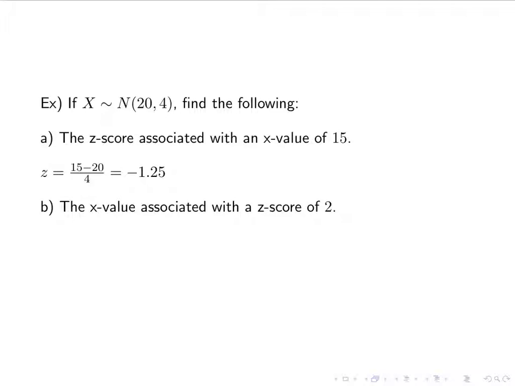So if I have that z equals x minus mu over sigma, I can solve that equation for x, and x equals sigma z plus mu. So I'd multiply both sides by sigma and then add the mu over. When I plug in my values, I get the following: 28. So 28 is the separating point between usual and unusual values. Anything above 28 would be considered unusually large.